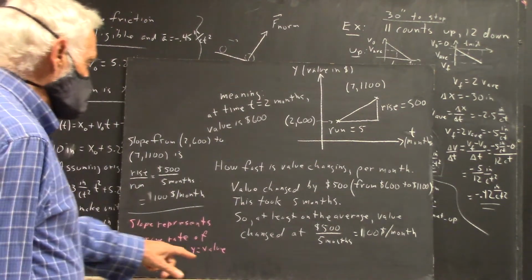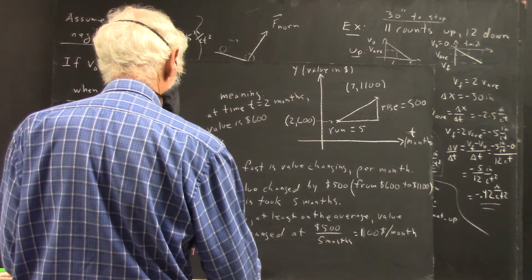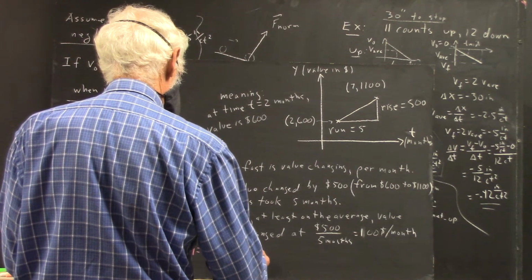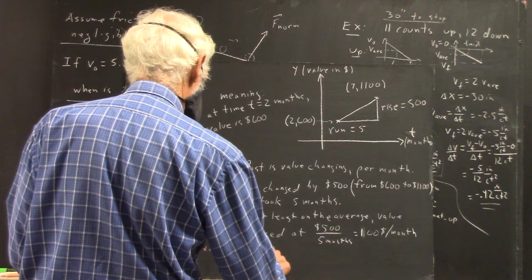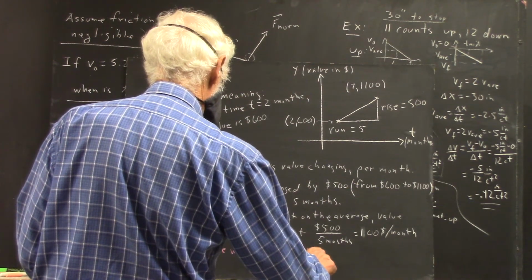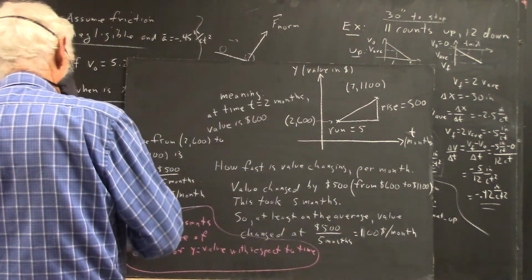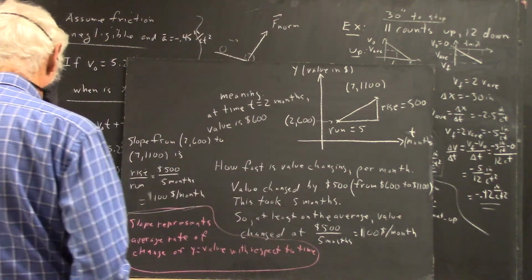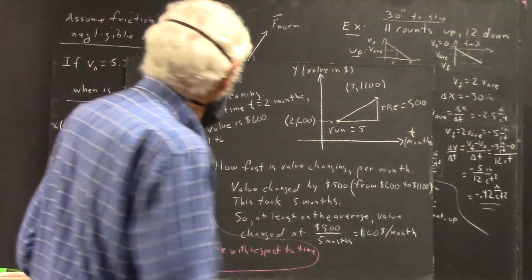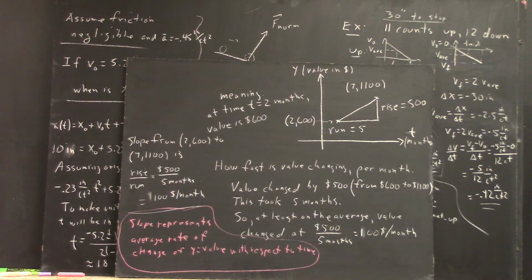I'll say that's the average rate of change of y equals value with respect to time. So when you get to the section on applications of slopes, that's your paradigm example.